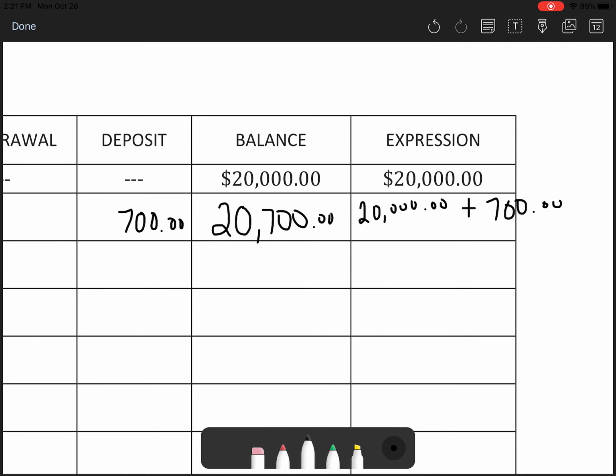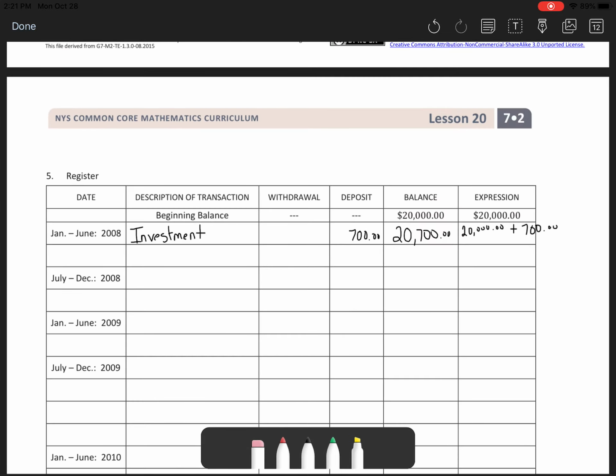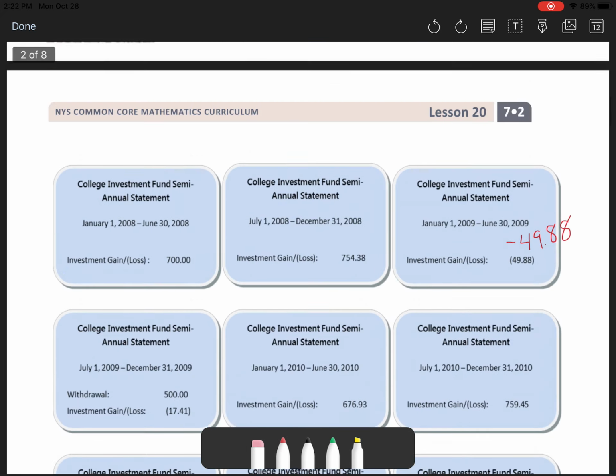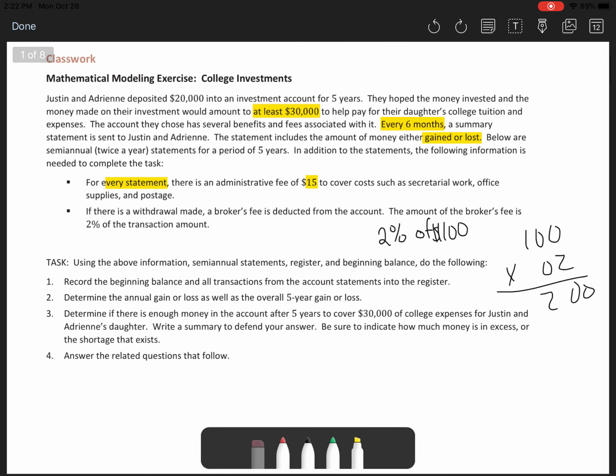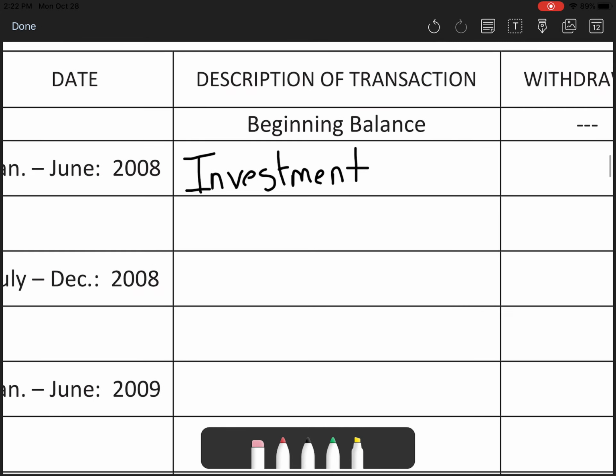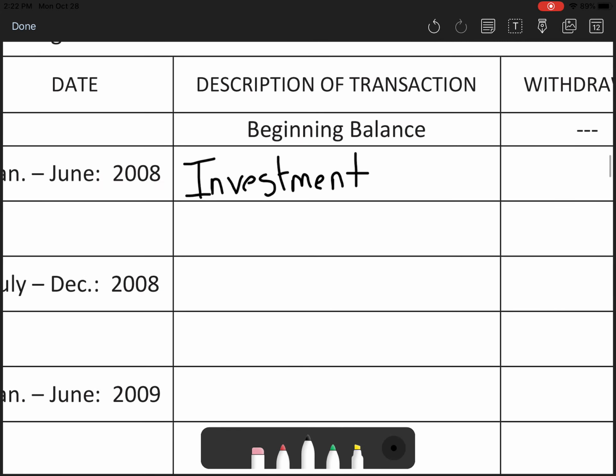So after my $700 investment, my new balance is $20,700, as you can see here. That is my new balance. But as we learned, for every statement, there is an administration fee of $15. So I also now need to add my admin fee. So this next line is going to be my admin fee.